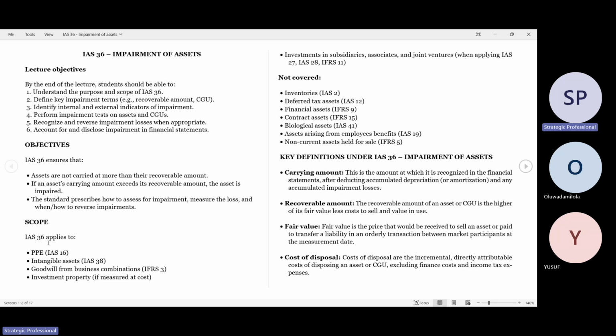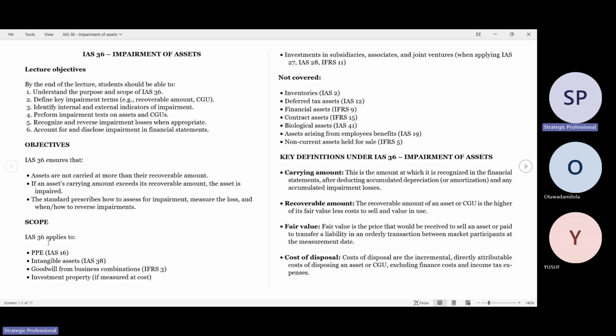That is, the amount at which you are recognizing it in your financial statement should not be more than the amount at which you can get it in the market if you decide to sell it, or the amount you will get based on the cash flow of the company. That's number one. It also ensures that if the company's asset is more than its recoverable amount, it means that the asset is impaired.